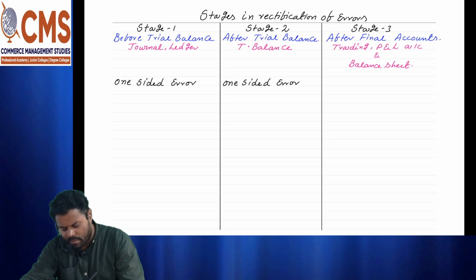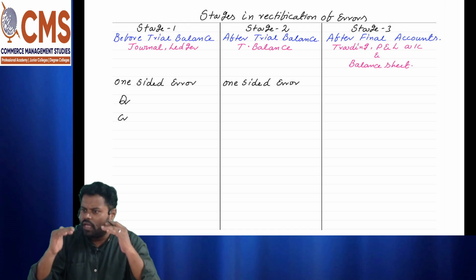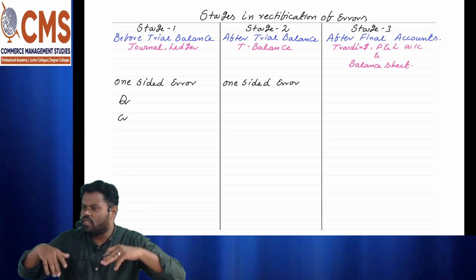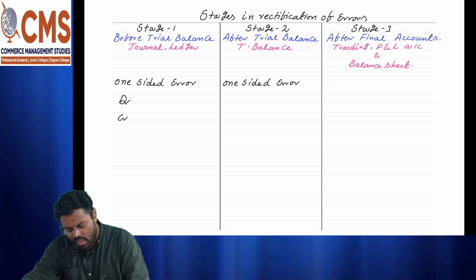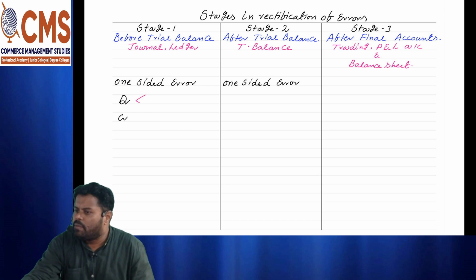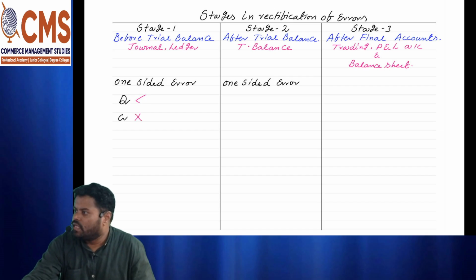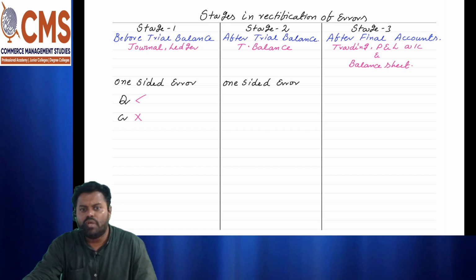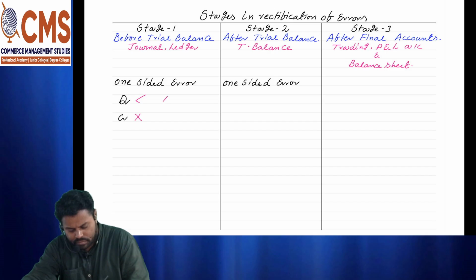Obviously, in simple layman terms, in every transaction we'll have debit and credit aspects, right? One debit will be there, one credit will be there. That is what is received and what has been given by the business, right? In this, imagine the debit account or debit part is correct, but the credit part went wrong. That is, in a transaction or a journal entry that you wrote, the debit account is perfect, nothing is wrong with it, but something went wrong with the account that you are supposed to credit, or vice versa.